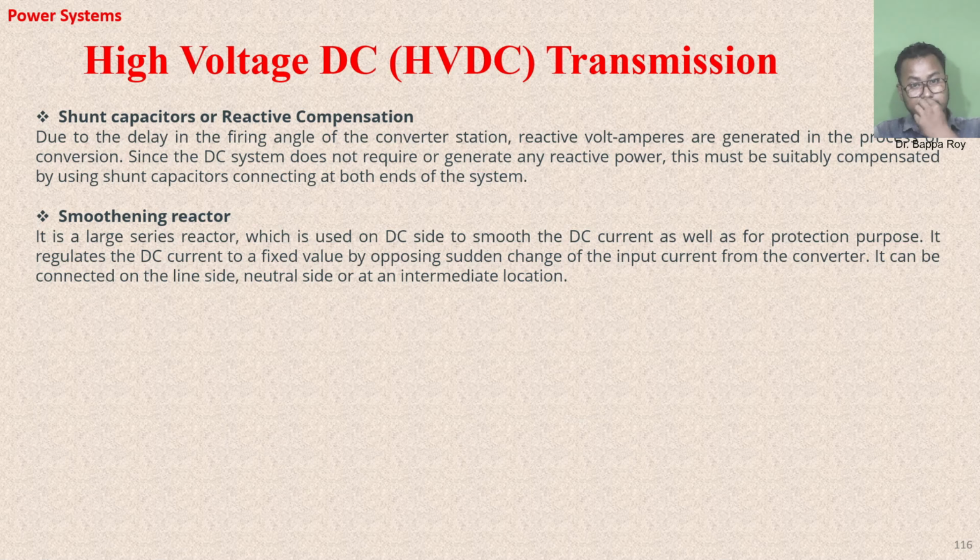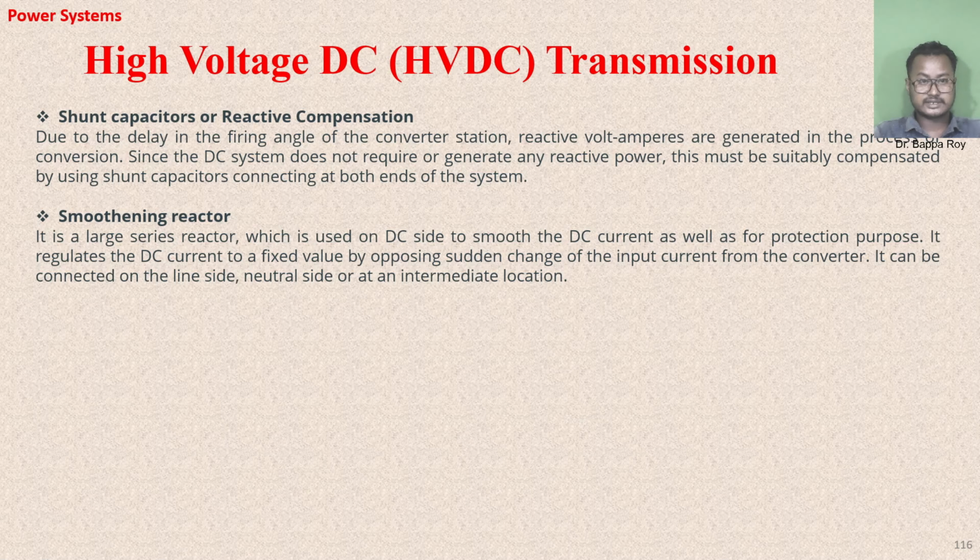Since the DC system does not require or generate any reactive power, that means no reactive power, this must be suitably compensated by using shunt capacitors connected at both ends of the system. At the converter, we are converting AC to DC and DC to AC.